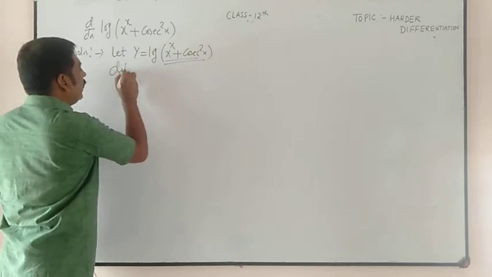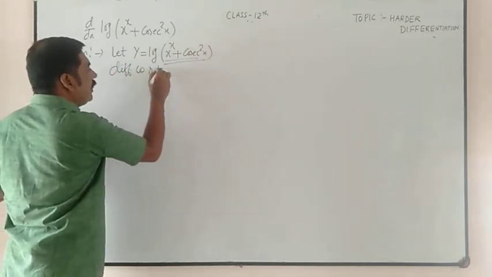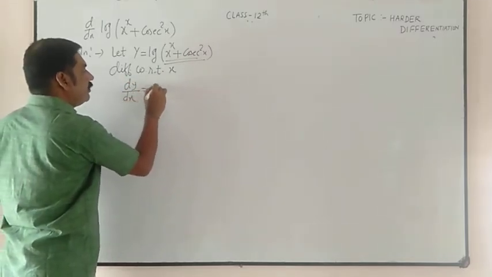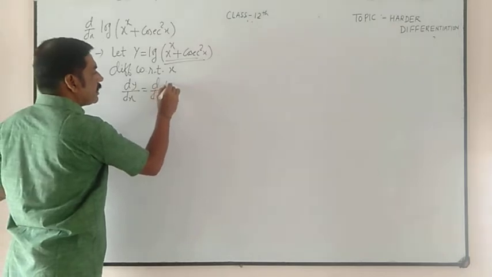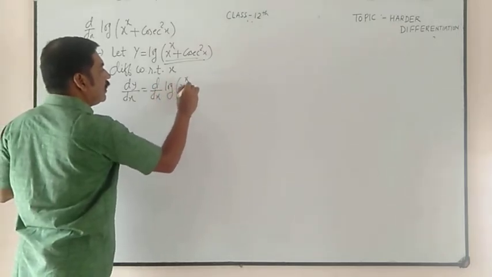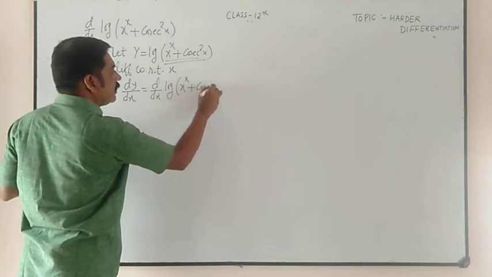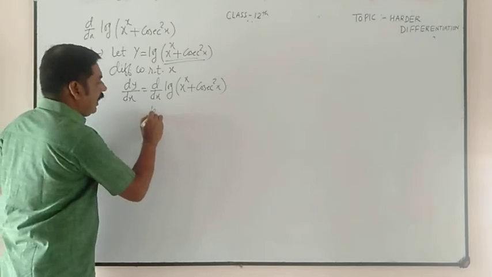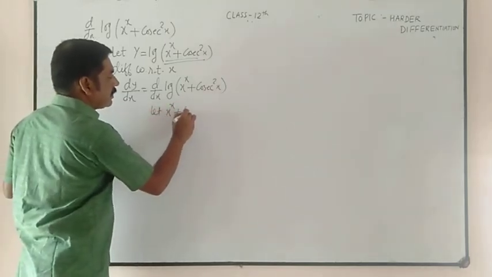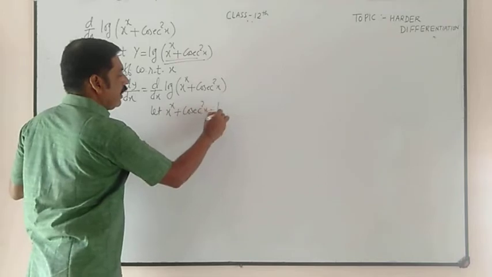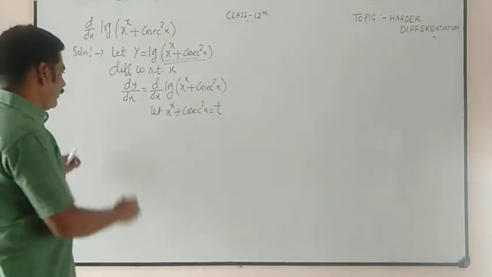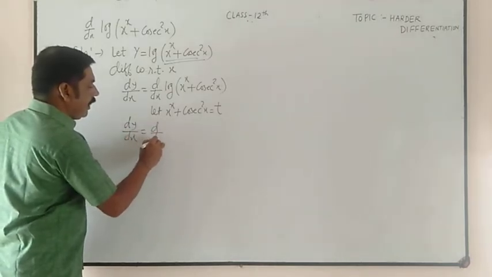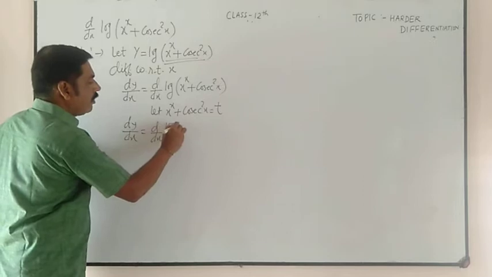So first of all write differentiation with respect to x. So dy by dx is equal to d by dx log of x raised to x plus cosec square x. Now let x raised to x plus cosec square x is equal to t. So dy by dx is equal to d by dx log t.